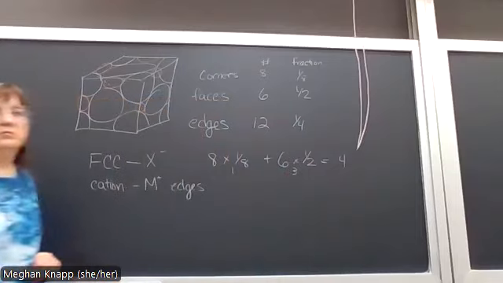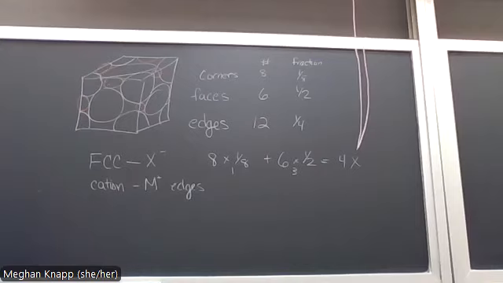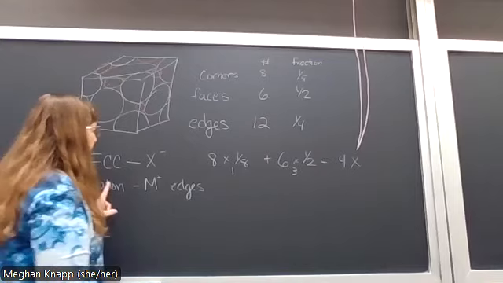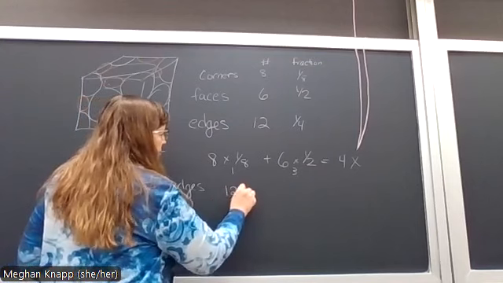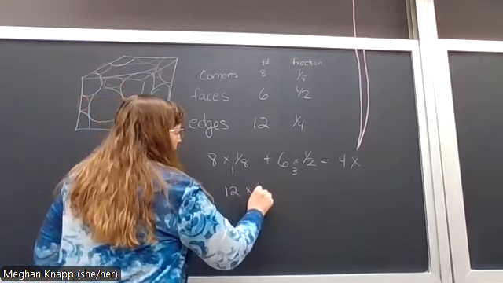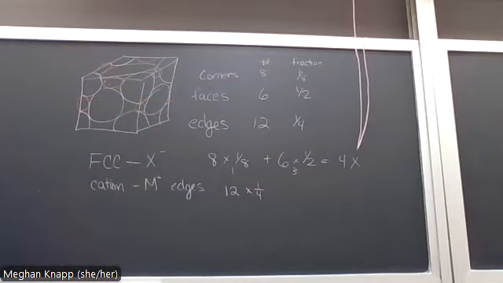So there are 4, right? So it's 4X. If I have the cation at the edges, we said there are 12 edges, and each edge contains 1/4 of an atom. How many are there? There's 3.